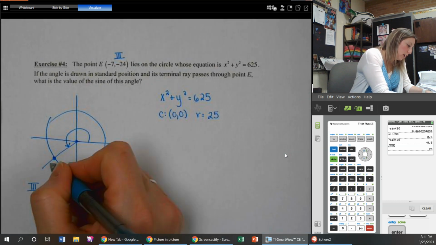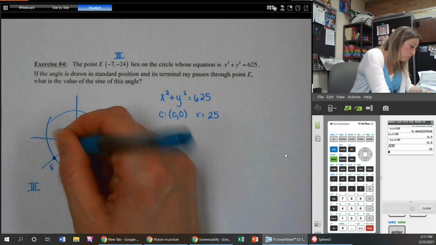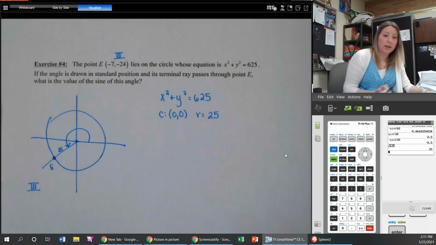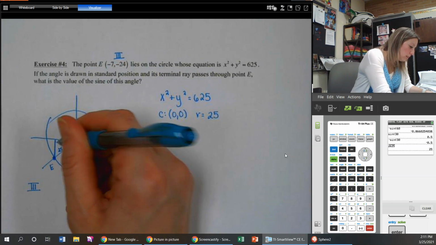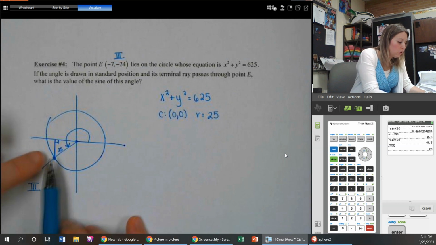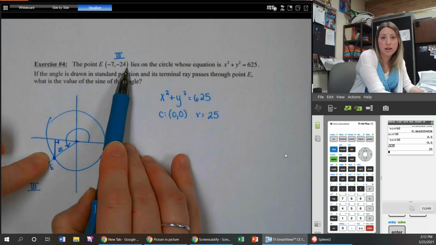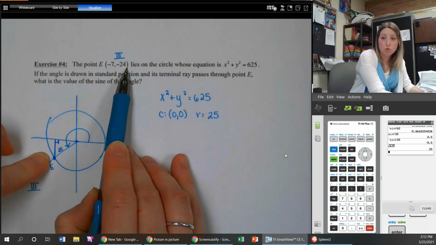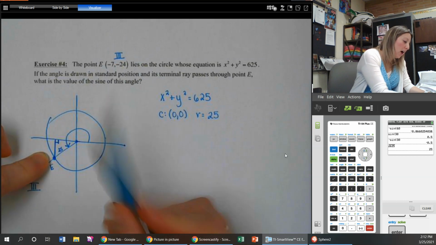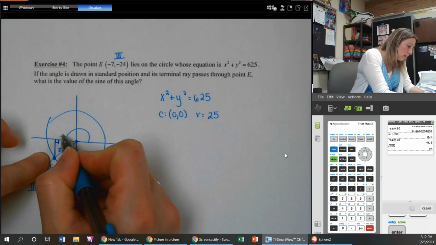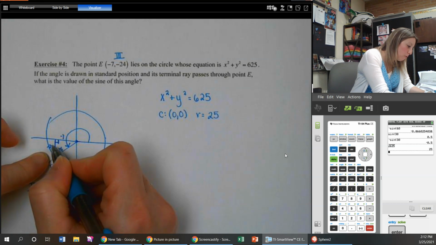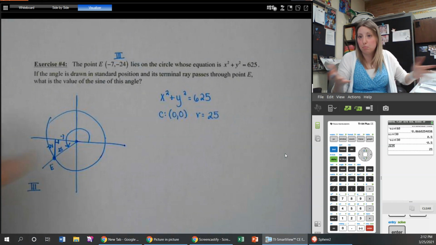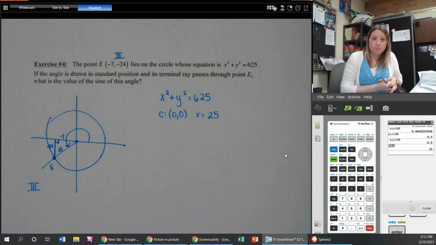So we know that this hypotenuse right here, or this radius right here, is 25 in length. Now, when you drop this altitude here, you have just learned that because this point E is -7, -24, that the x value is -7 and the y value is -24. Obviously not drawn to scale, but you guys get the idea.